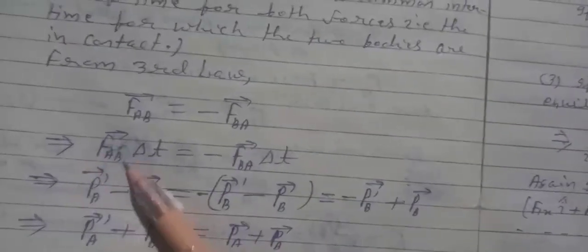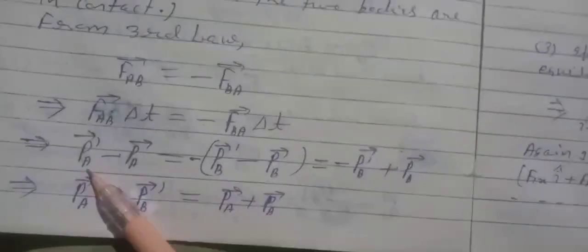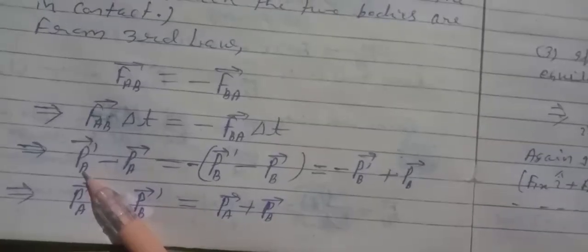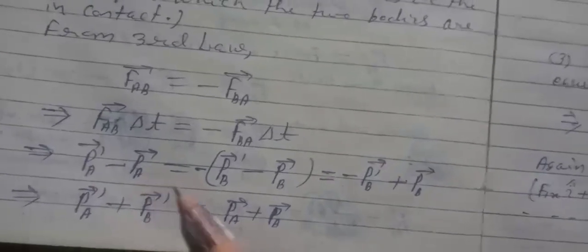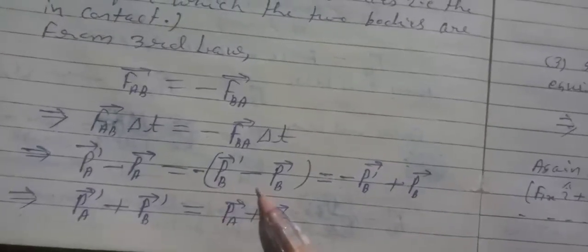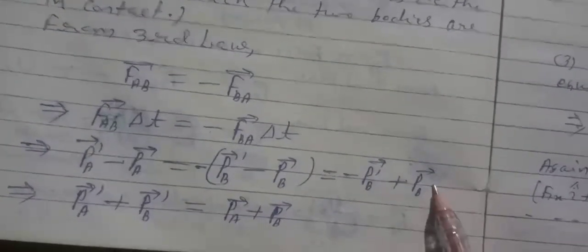Now from the third law we know that FAB equals minus FBA, that is, the force on A due to B must be equal and opposite to the force on B due to A. Similarly, we can write FAB into delta T equals minus FBA into delta T. This implies PA dash vector minus PA vector equals minus PB dash vector plus PB vector.